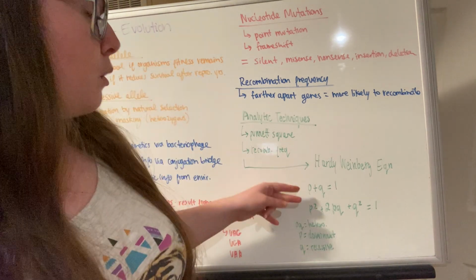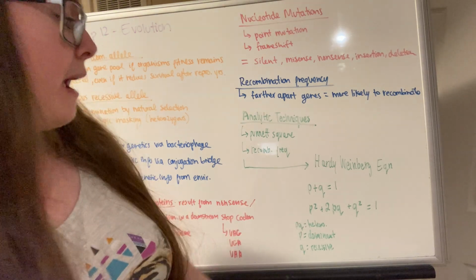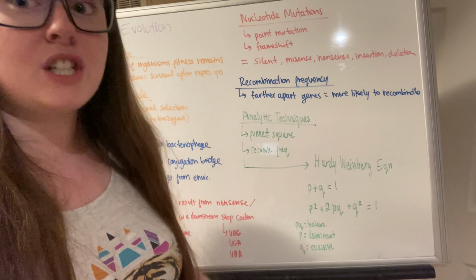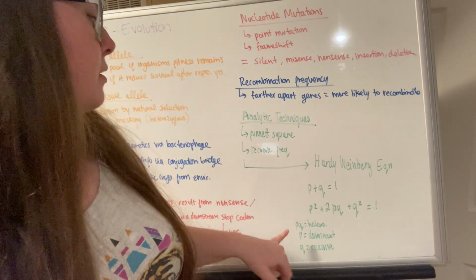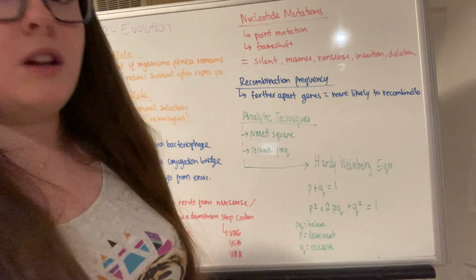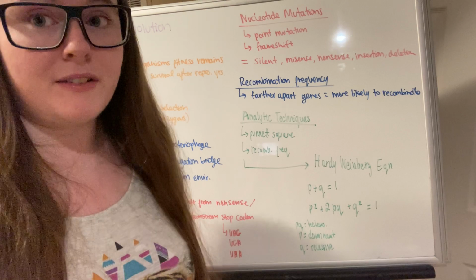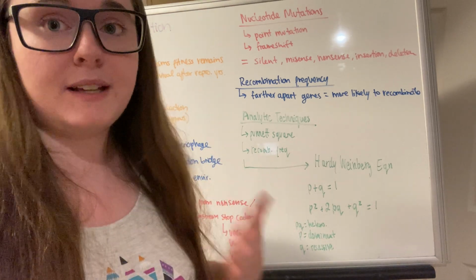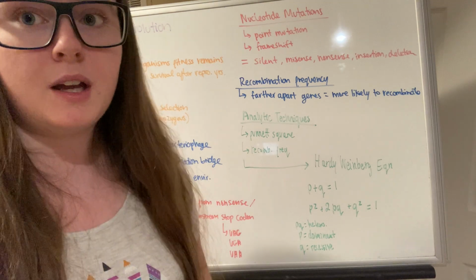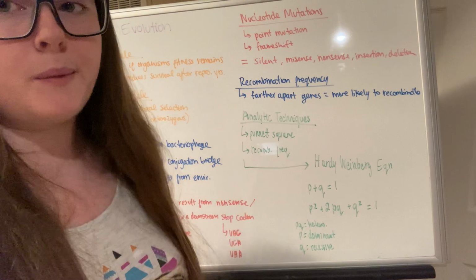With these two equations, you're able to tell the frequency, or out of a certain number of the population, how many organisms are dominant, express the recessive allele, or are heterozygous. So this is just playing with these two equations in a few different examples. Like I said, I would definitely suggest looking that up right now. Just look up a Hardy-Weinberg example. But yes, just know these two equations.